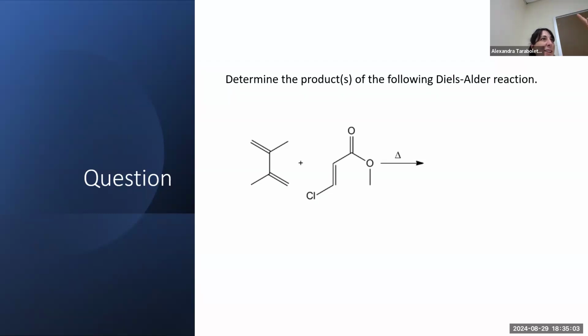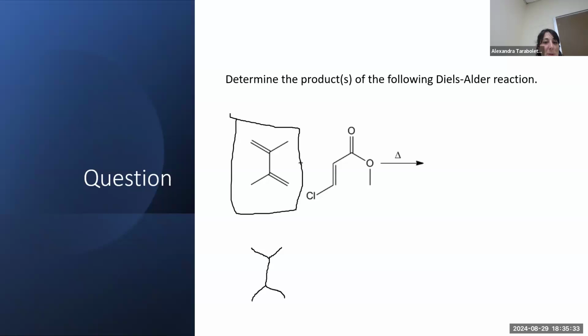The one on the left, I heard a lot of people say, that's this one. I am first just going to redraw this in its proper configuration, which has to be S-cis. I am not changing the molecule, I'm just rotating it. They gave it to you in a hard way.